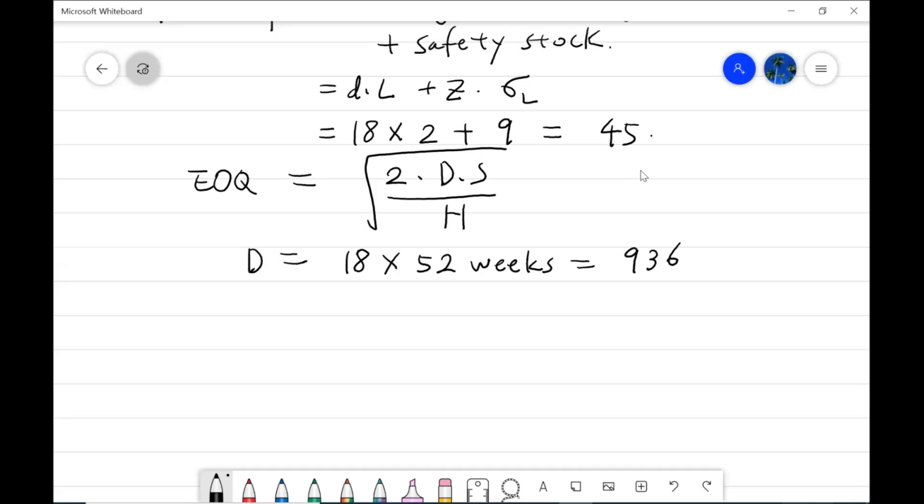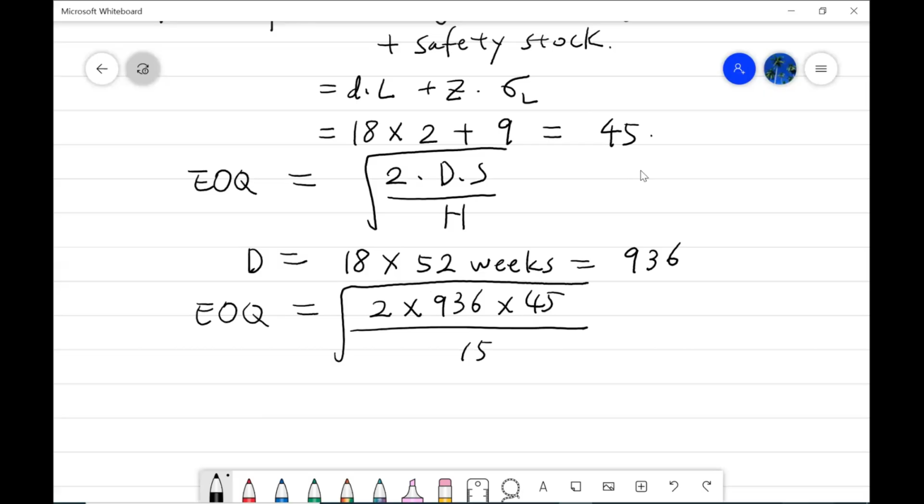So EOQ is the square root of 2 multiplied by 936 multiplied by 45 divided by 15. That is 74.9594, and that is about 75 units.